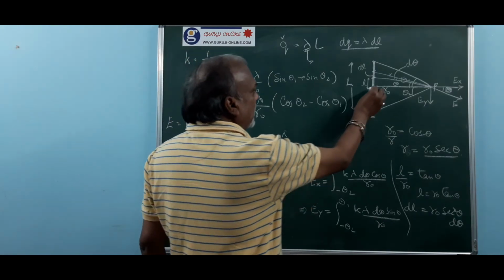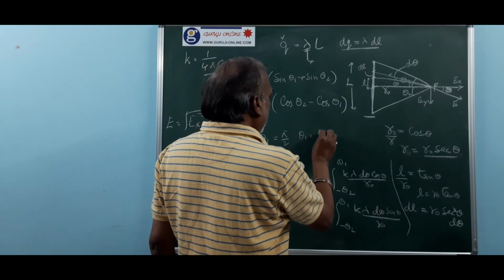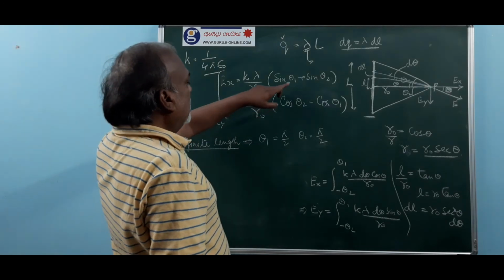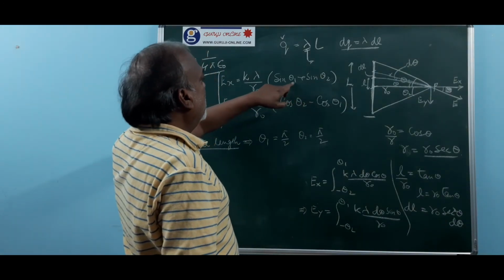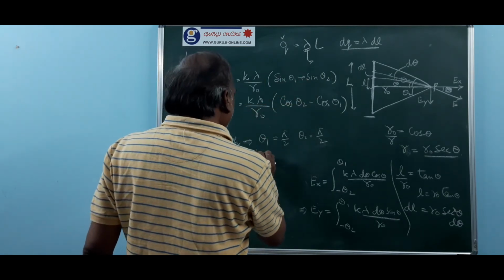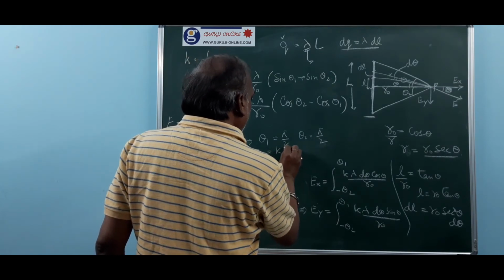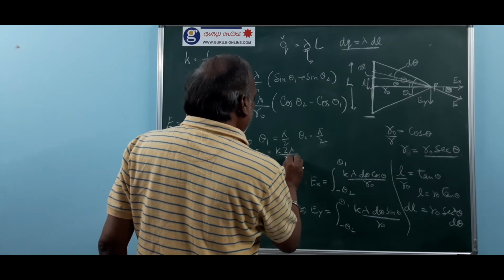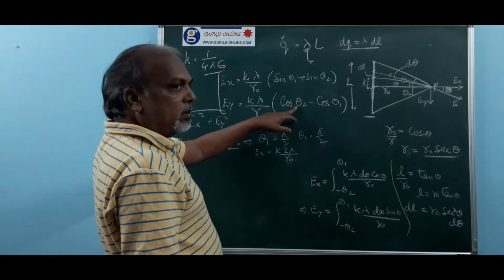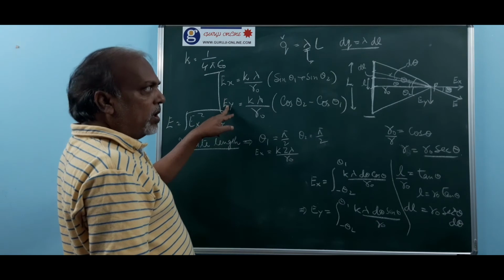And likewise in this direction also it is having infinite length, and theta 2 will be pi by 2. Now you just put these values here. Pi by 2, this is pi by 2, it will become 1 plus 1, 2. In this case, Ex will be K 2 lambda upon R0. And what about this Ey? This pi by 2, this will be 0, this will also be 0, naturally. This Ey will be 0.